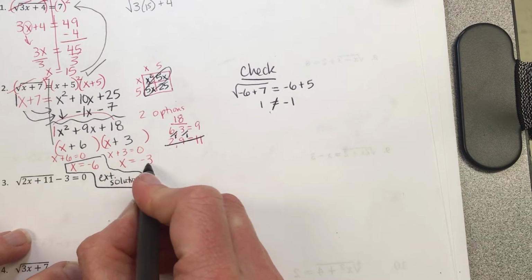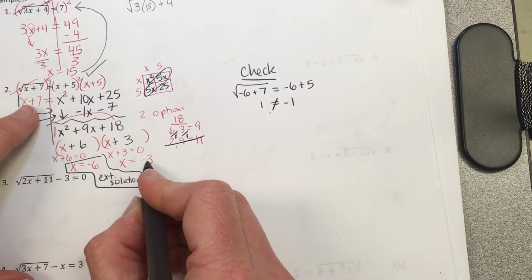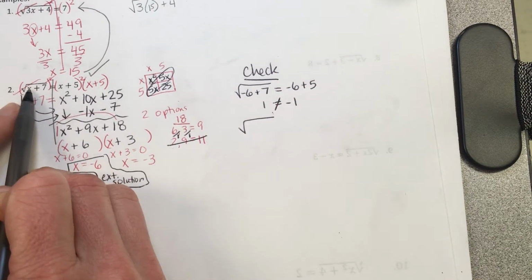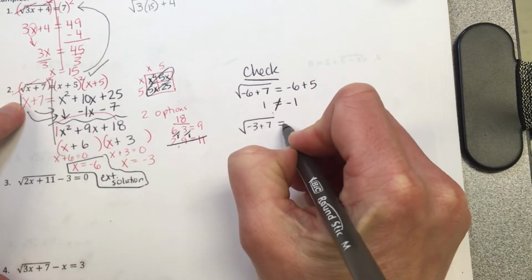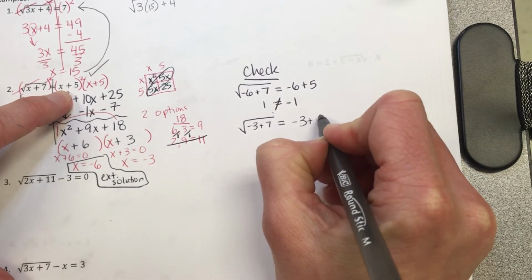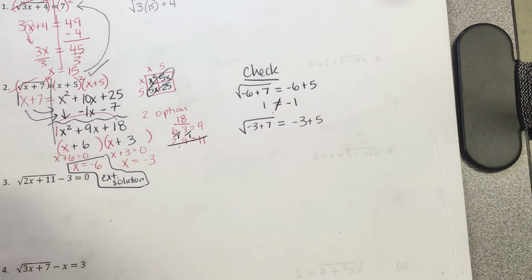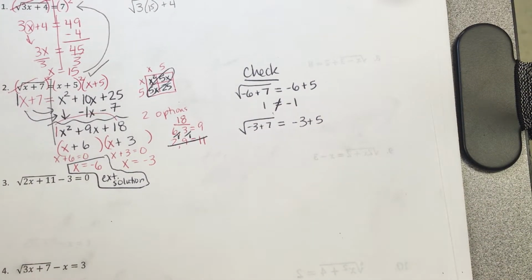All right, let's check negative 3. So I'm going to plug negative 3 in for this x, so negative 3 plus 7. And then I'm plugging negative 3 into the other side as well. All right, type that in your calculator. What do you get for this square root one? 2.